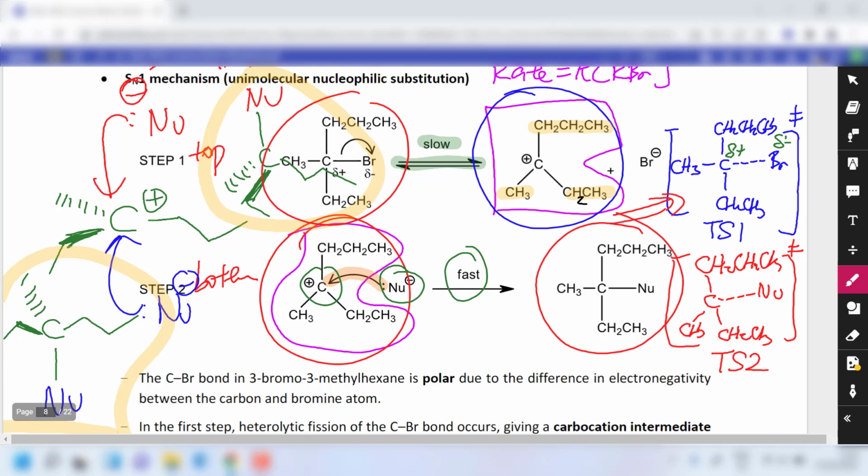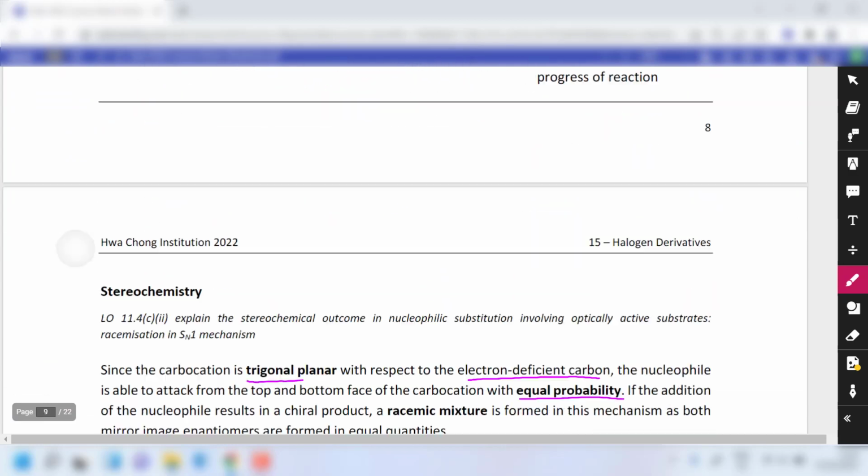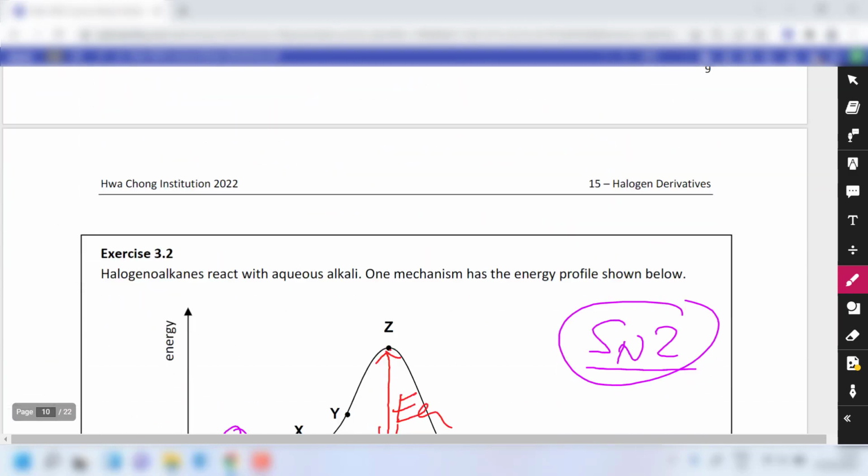Okay, so it involved the lengthening of the C-Br bond. And if you remember earlier on, I mentioned that the lengthening of the C-Br bond also represents that the carbon develops a positive charge. So in this case, the carbon will be a developing tertiary carbocation. Okay, so bear this in mind before we go into this.